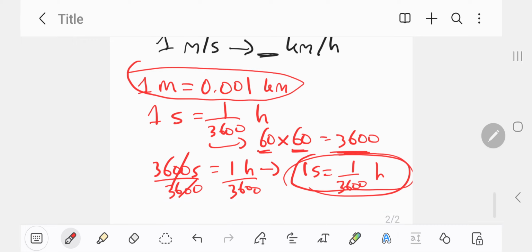So 1 meter per second, let's plug it into this. 0.001 times 1 over 3,600, so meters becomes kilometers and seconds becomes hours, and you get 3.6 kilometers per hour. 1 meter per second is 3.6 kilometers per hour. I suggest you memorize this conversion. Another way to think of it, stairs.